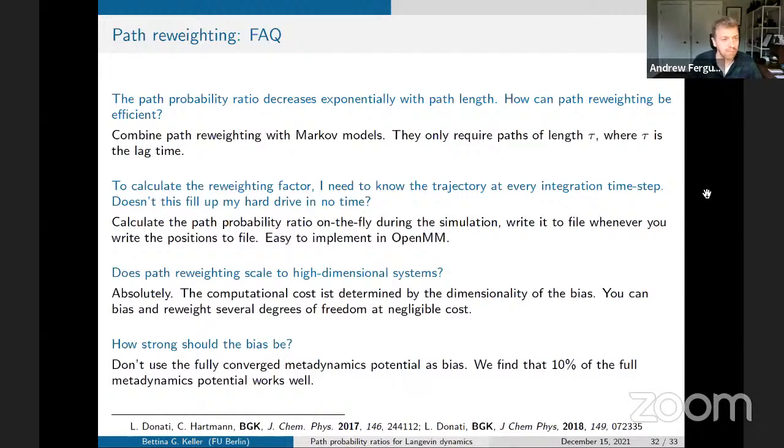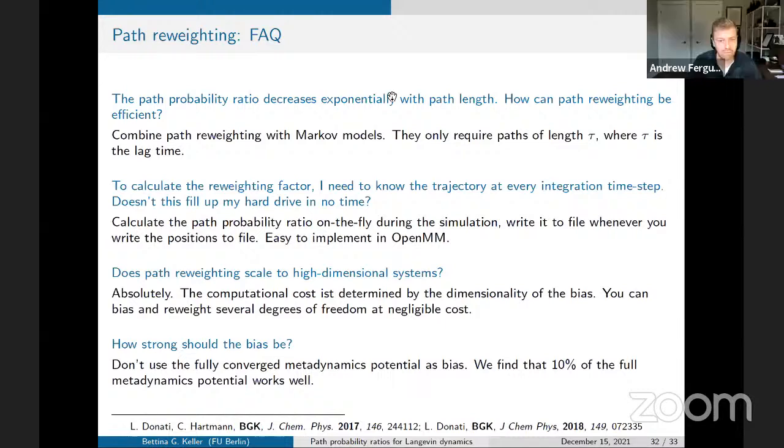Yeah. So I kicked out the frequently asked question slide. So yes, indeed, it scales. The path probability goes down exponentially with path length. So if you pick a path length that is as long as the transition across a barrier, it's probably not going to work. So what we do is, if you think of these transitions going from I to J, these are really a Markov model.